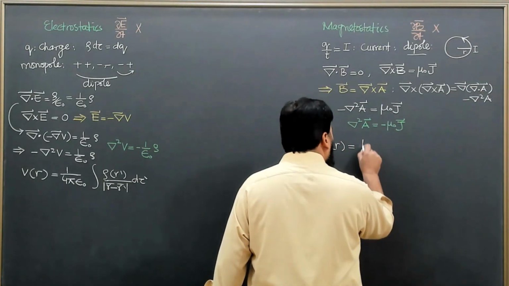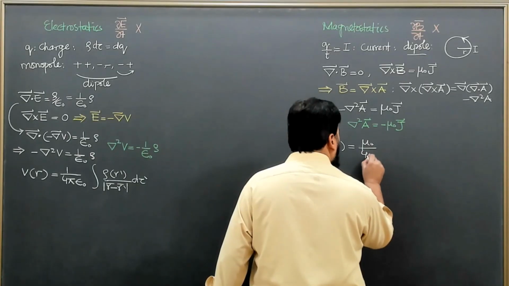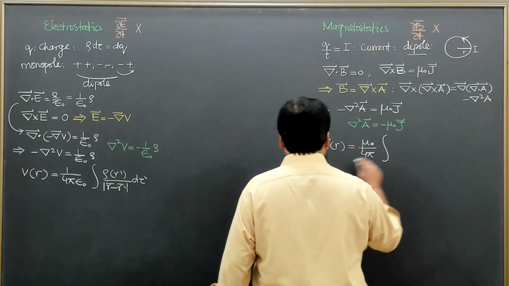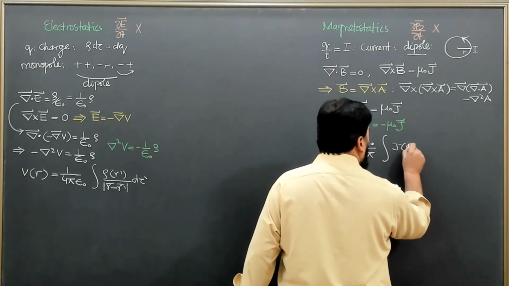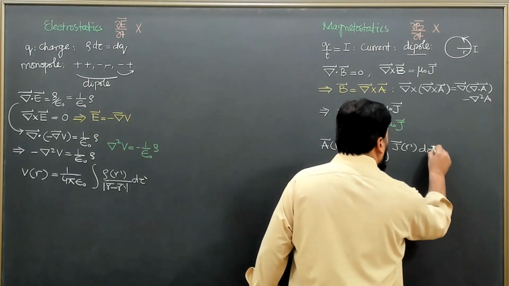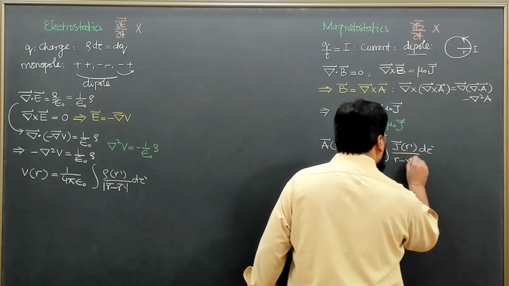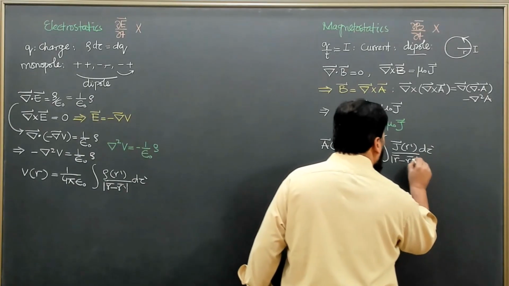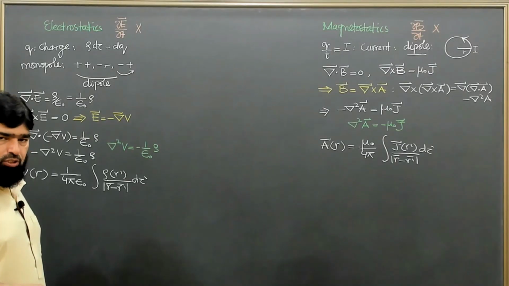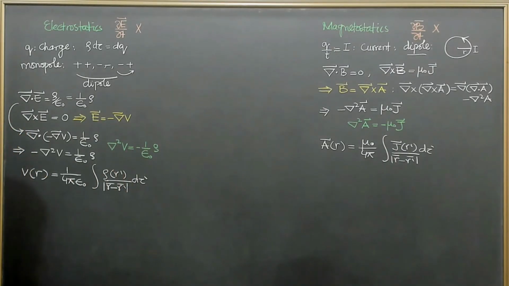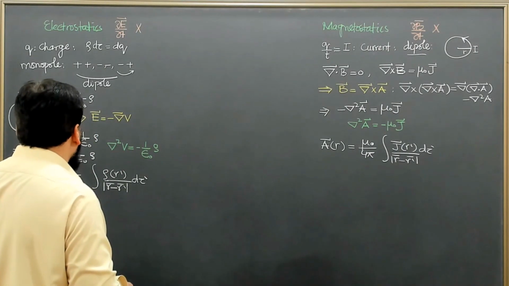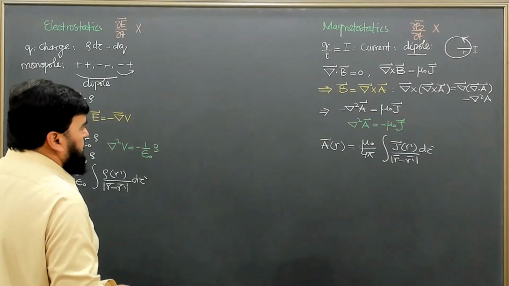So this is mu naught over 4 pi, and then the integral, where the source is J of r prime, d tau prime, and here the difference vector r minus r prime. So this is the magnetic potential there and the electric potential here. So we have the equations like this.